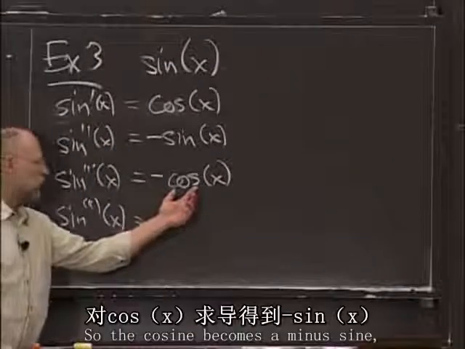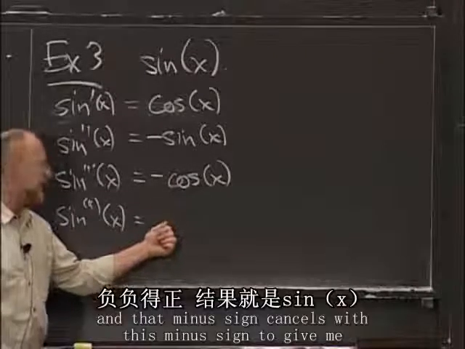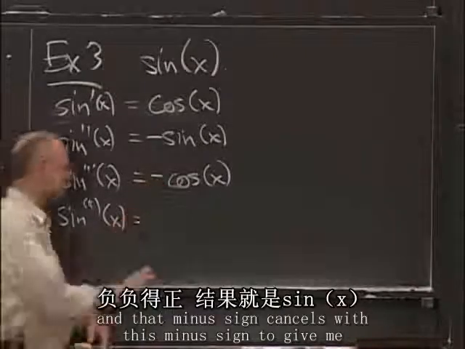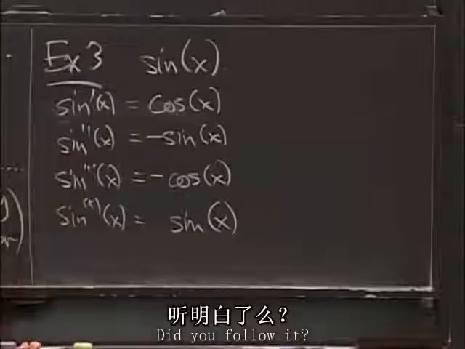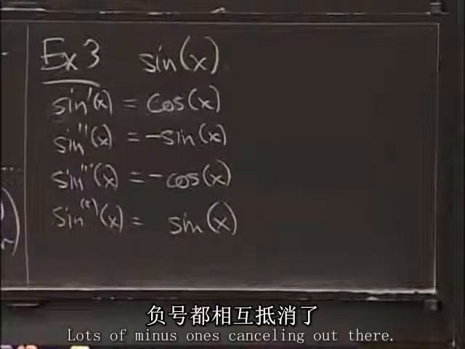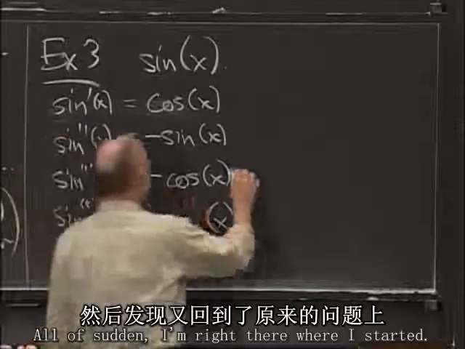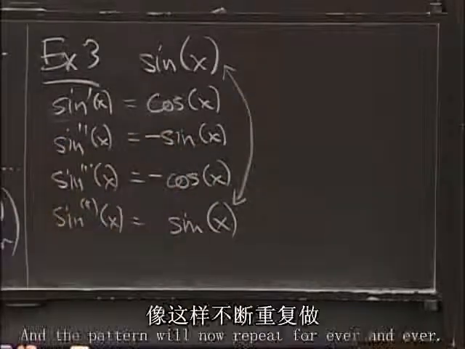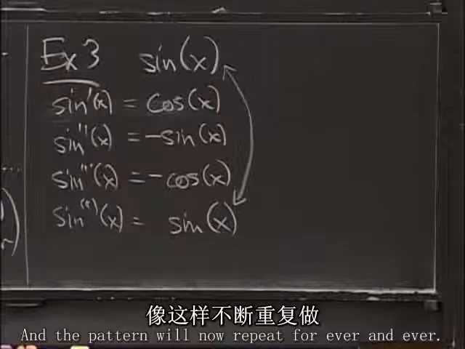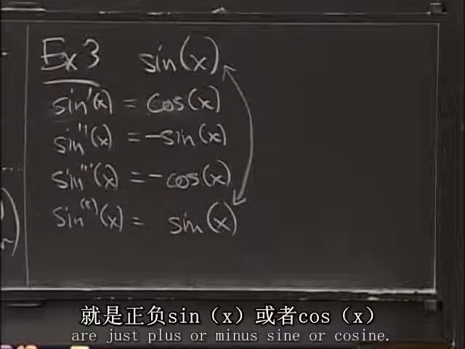So the cosine becomes a minus sine, and that minus sign cancels with this minus sign to give me sine of x. You follow that? A lot of minus ones canceling out there. So all of a sudden, I'm right back where I started. These two are the same, and the pattern will now repeat forever and ever. Higher and higher derivatives of sines are just plus or minus sines and cosines.